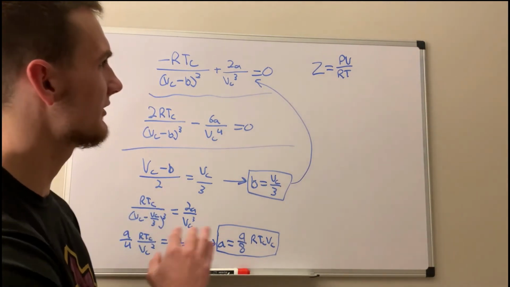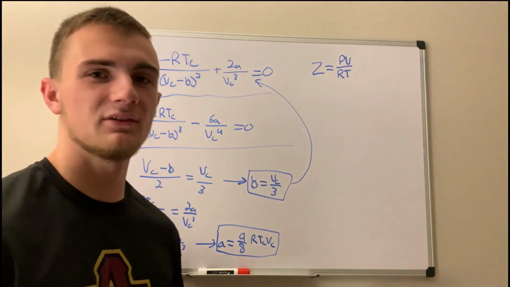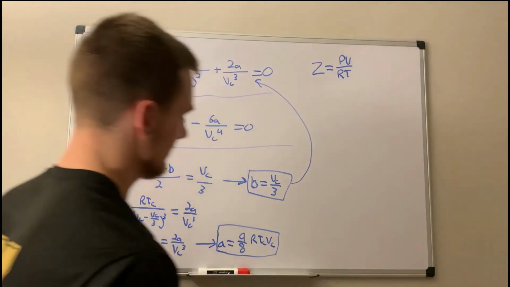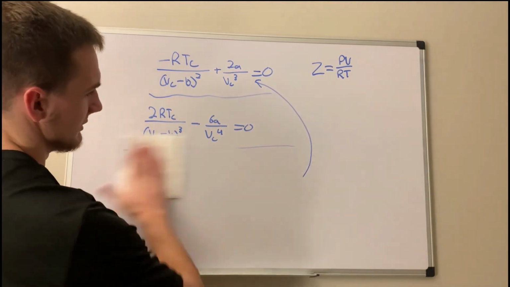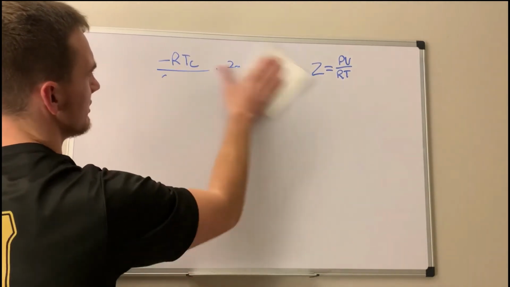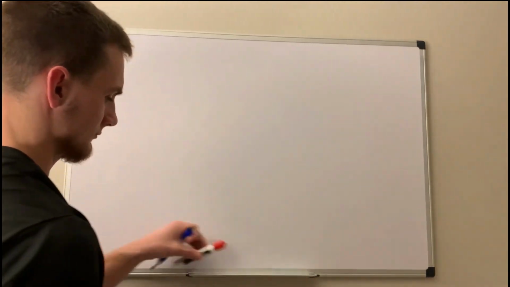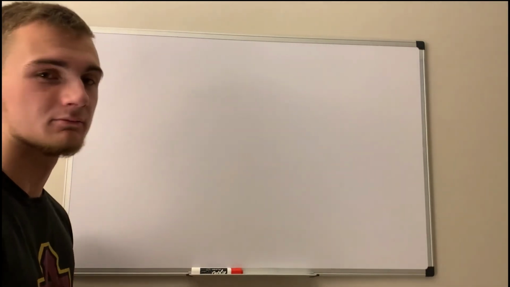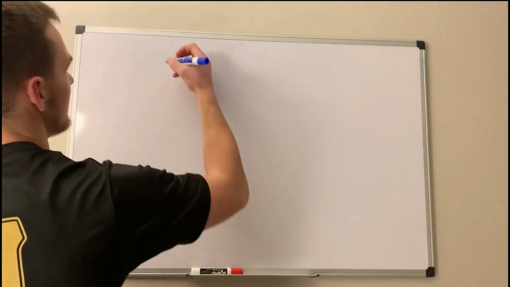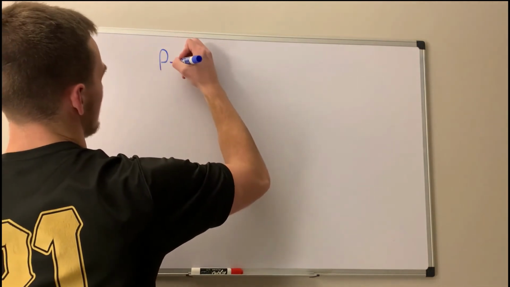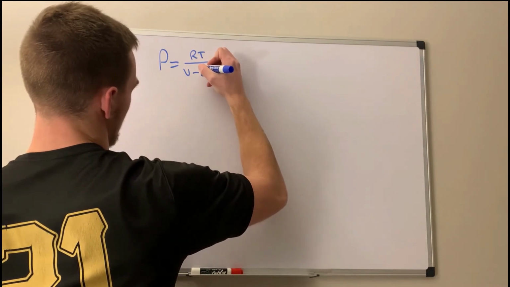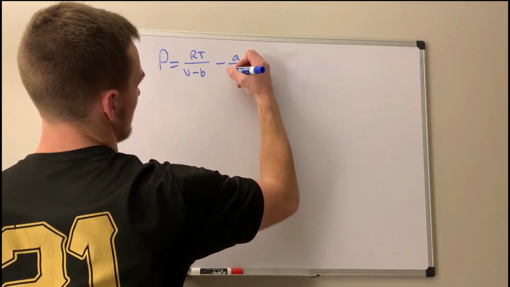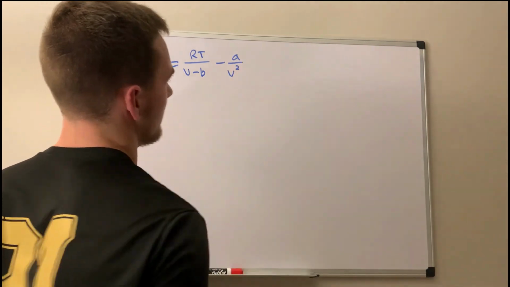So let's go ahead and I'll erase this and we can plug in these terms and see what we get for compressibility. So I'll rewrite the basic van der Waals equation here. I have P equals RT over (V minus B), the excluded volume, minus A over V squared.